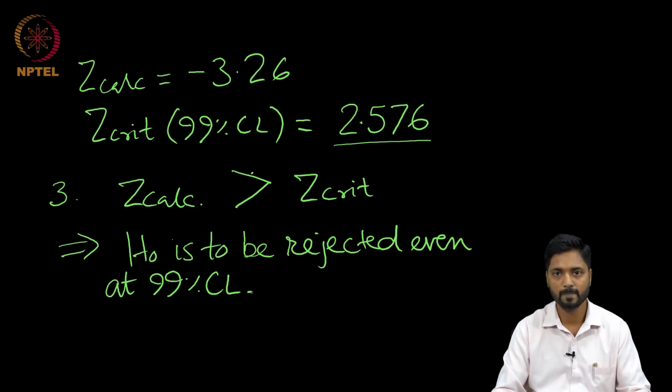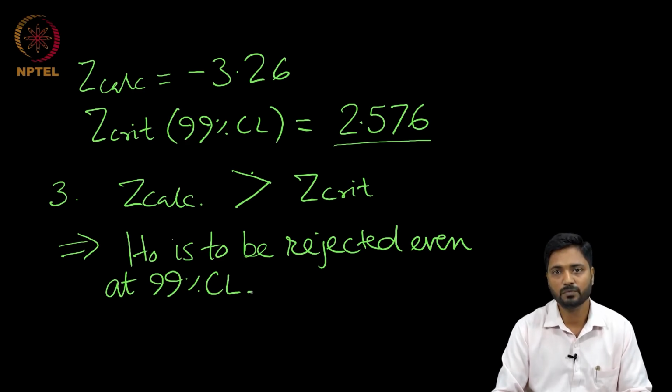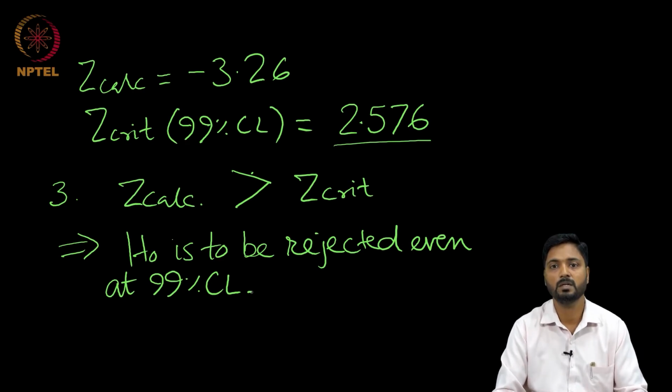However, if the mean weight of the 30 students that we are dealing with is different, not just different, but is lower than the population mean, which is 30.8 kilograms.